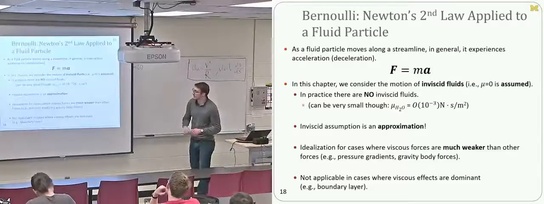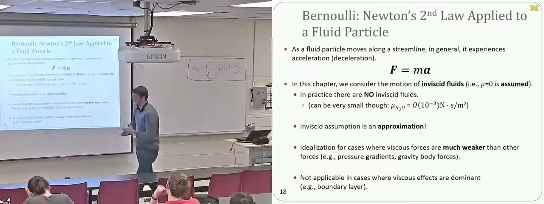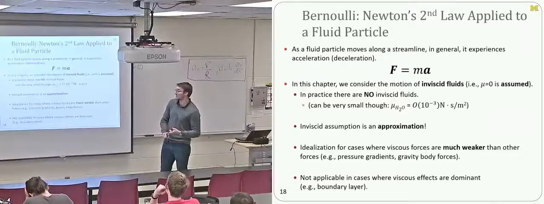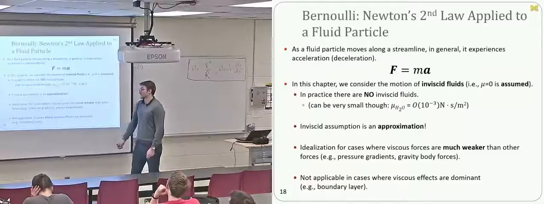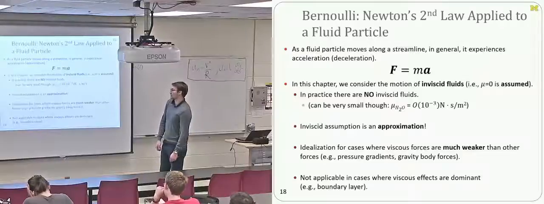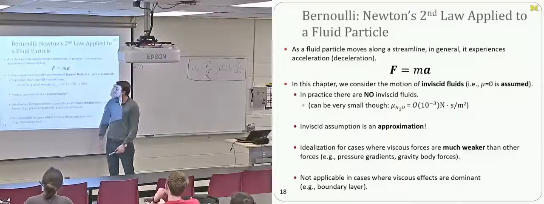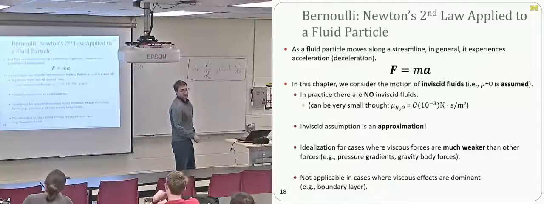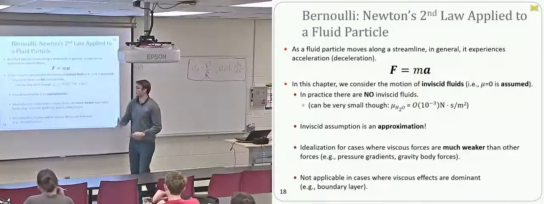Right now, remember I said we're assuming three key assumptions. One was that this analysis applies only along a streamline. Second, steady flow, and the third was that we're assuming inviscid flow, that is, the viscosity is zero. As I mentioned before, this is a completely incorrect assumption. There are no such things as inviscid fluids, but there are some really nearly inviscid fluids. The viscosity of water is not all that high. So for a lot of flows, especially things that aren't located right next to a wall where your boundary layers are, inviscid assumptions work really well.